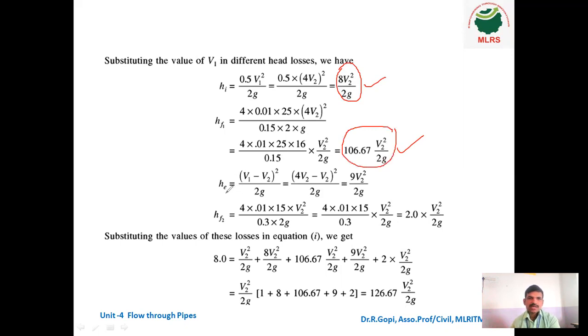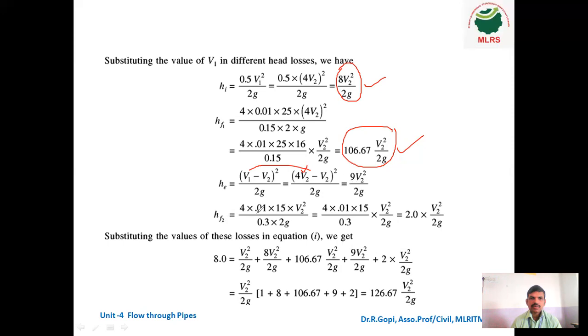Next, come to HE, loss of head due to sudden enlargement. Substitute V1 equal to 4 V2. So 4 V2 minus V2, the whole square, divided by 2G, which is equal to 9 V2 square divided by 2G. Next, loss of head due to friction in the second pipe. For the second pipe, what is the length? 40 minus 25, it is 15.